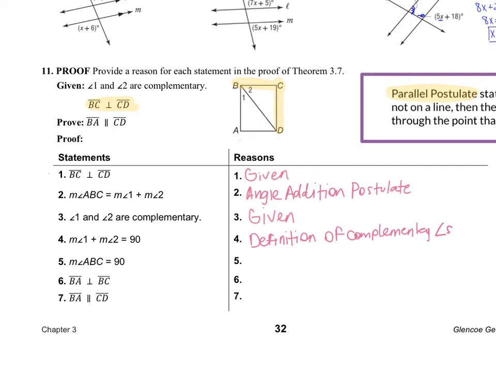Number 5, the measure of angle ABC is 90 degrees. We know that angles 1 and 2 add up together, they're complementary, and they equal 90 degrees. So the reason for number 5 specifically is the transitive property.